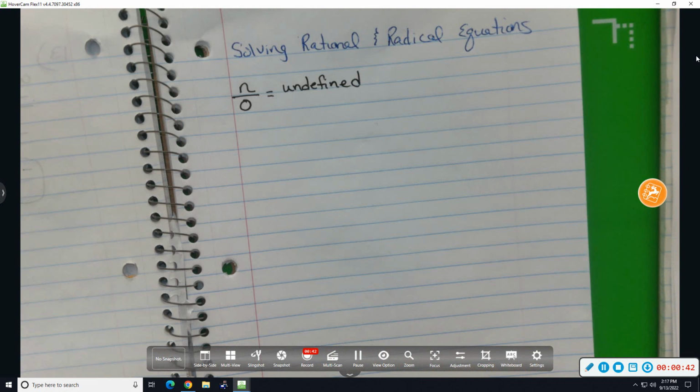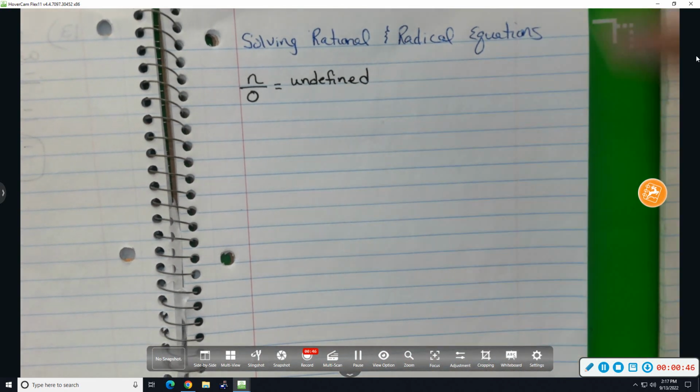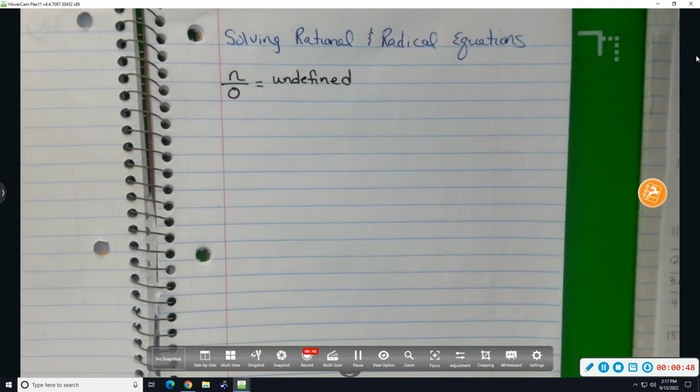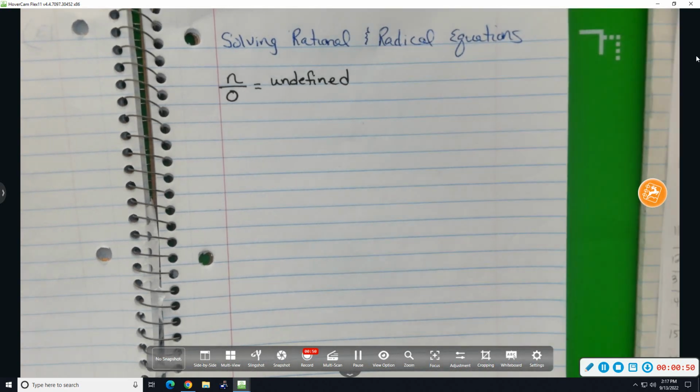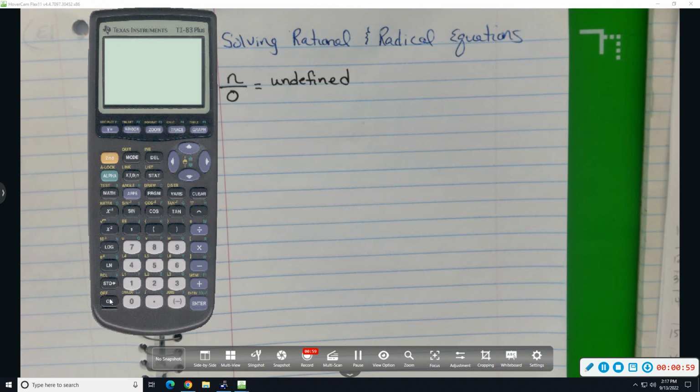If there's a 0 in the bottom of the fraction, then that fraction is undefined. Sometimes students don't believe it until they see it on a calculator. It'll say error. We went 8 divided by 0, error, division by 0. Okay, let me quit that.